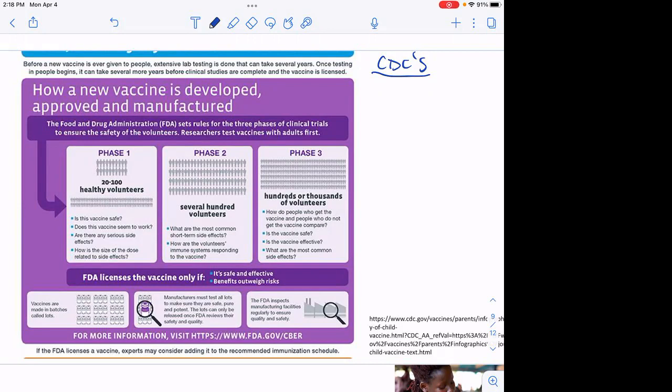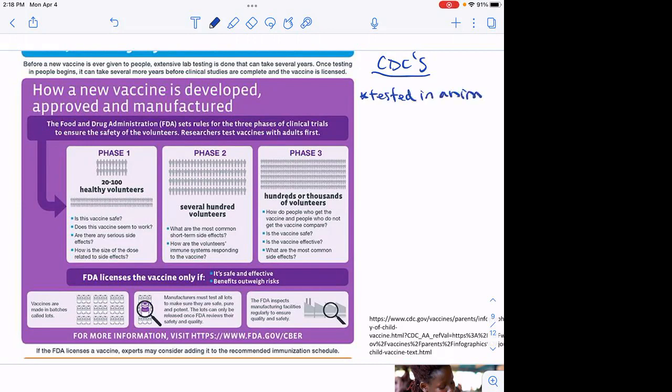Before they enter clinical testing, of course, they have to be tested. I guess they don't talk about that there. But before they even enter this, they're going to be tested rigorously in animals.